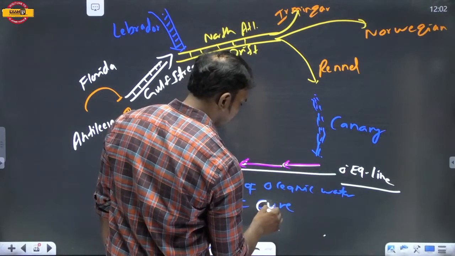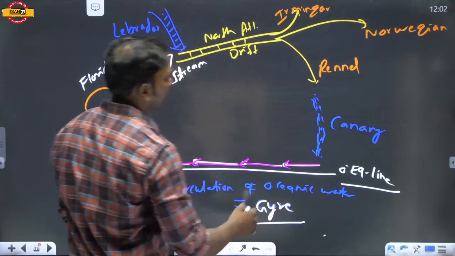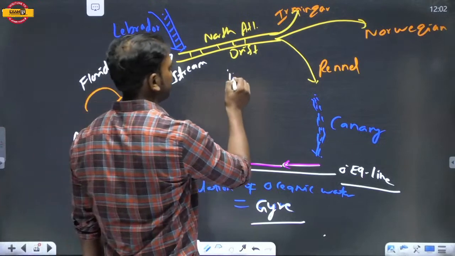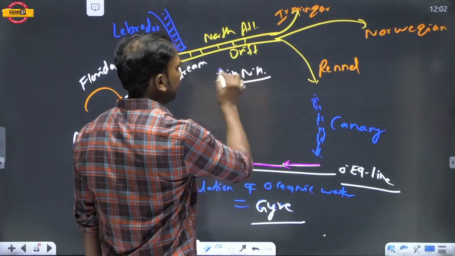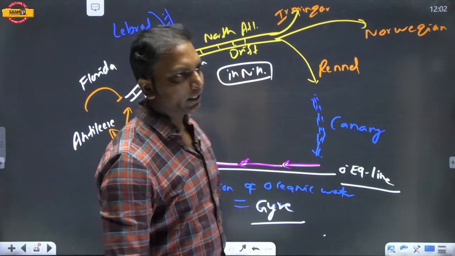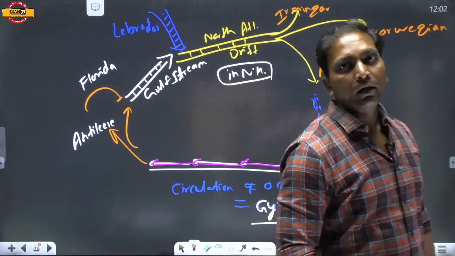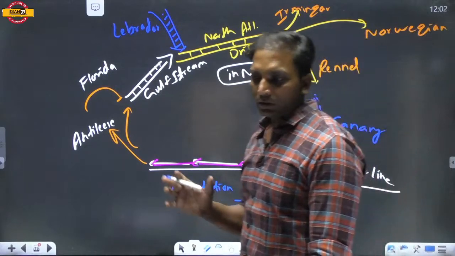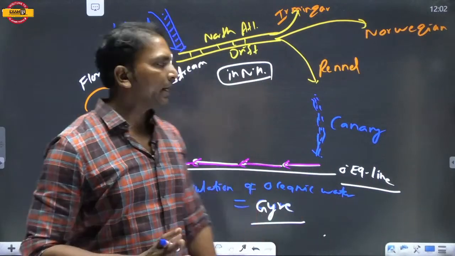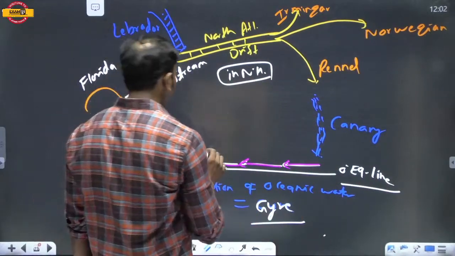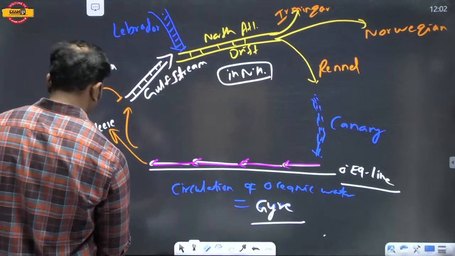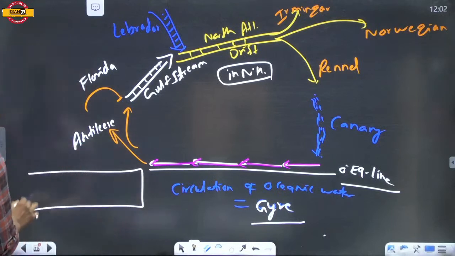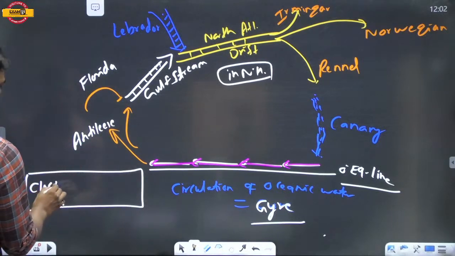And in the northern hemisphere, in the Atlantic Ocean, you see there is a clockwise direction of this gyre. So now you can see the clockwise direction.